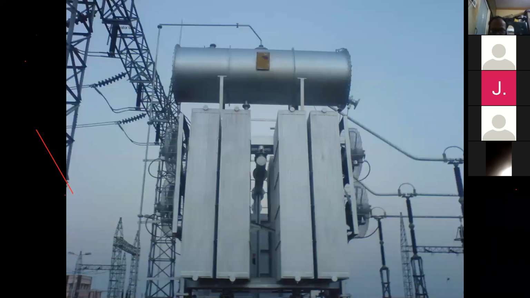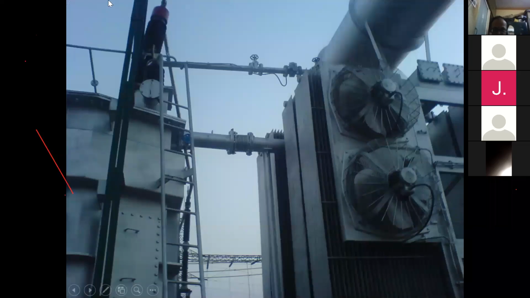Conservator tank, which has the oil filled inside. And the Buchholz relay. This is the Buchholz relay. Normally the Buchholz relay is located between the conservator tank and the main tank. This is the main tank. So whenever a fault occurs or some disturbance occurs, bubbles will be created in the oil.